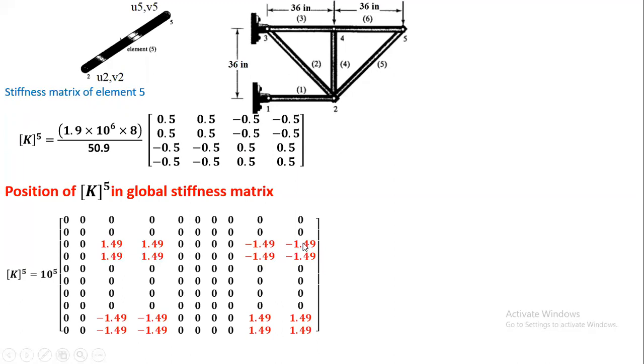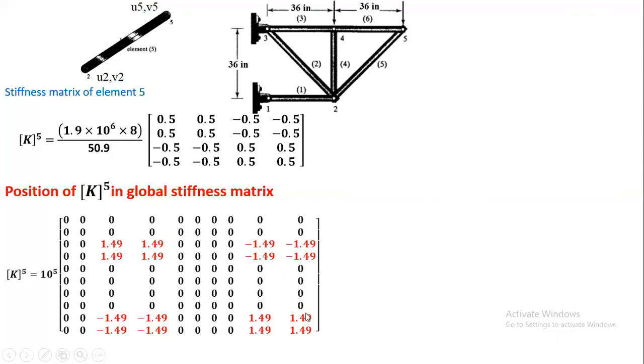Now here it is u5 v5. That means this is the 9th degree of freedom and this is the 10th degree of freedom. So you are getting these terms in the 9th and 10th column, and the 9th and 10th row.